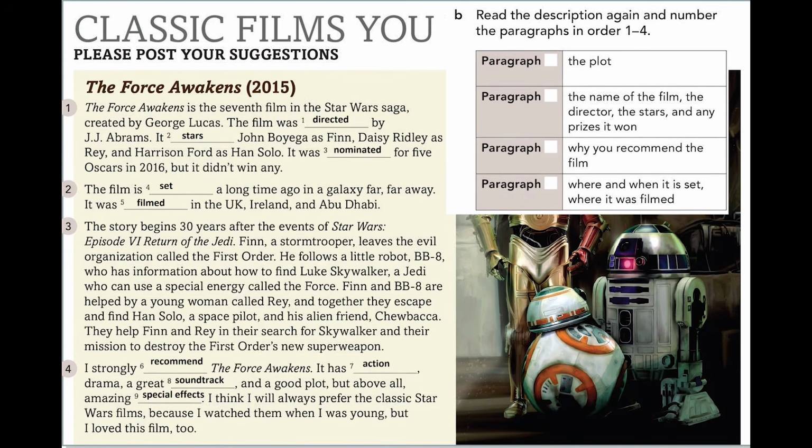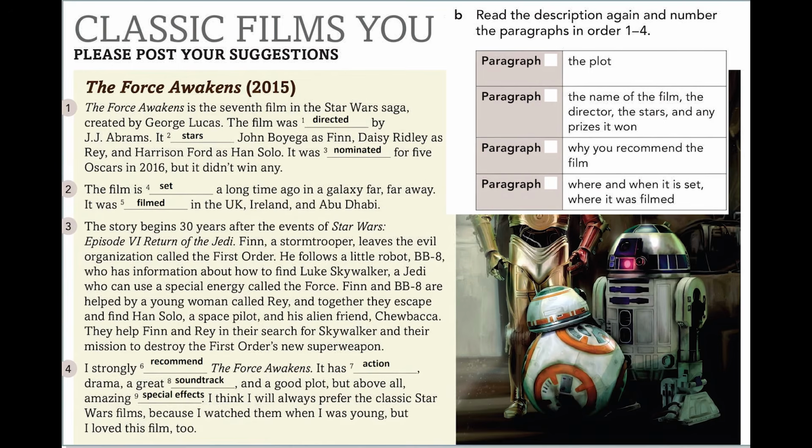The story begins 30 years after the events of Star Wars Episode VI: Return of the Jedi. Finn, a stormtrooper, leaves the evil organization called the First Order. He follows a little robot, BB-8, who has information about how to find Luke Skywalker, a Jedi who can use a special energy called the Force.